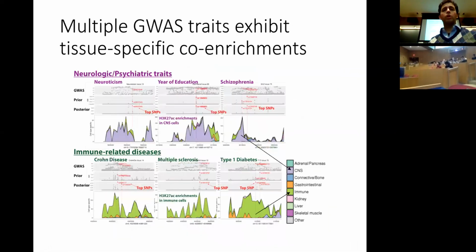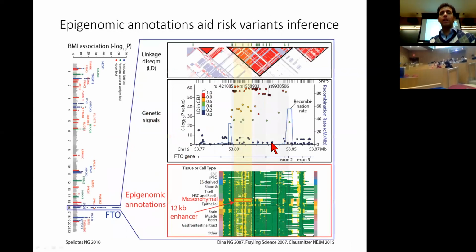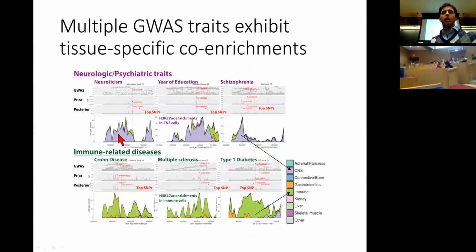And you can do these kinds of enrichments that we talked about earlier, finding the genetic associations that are systematically localizing in similar epigenomic traits across the whole genome.